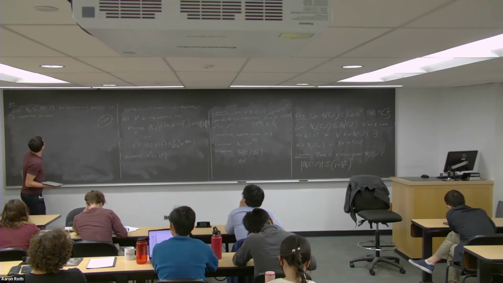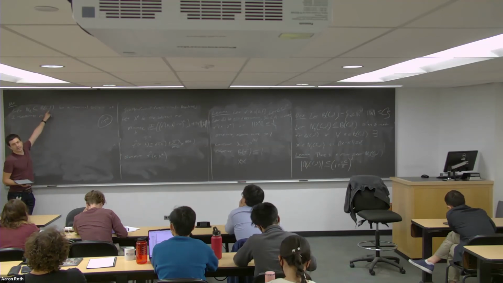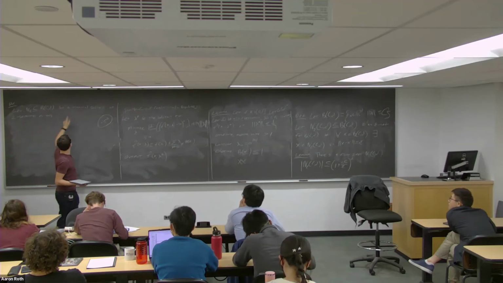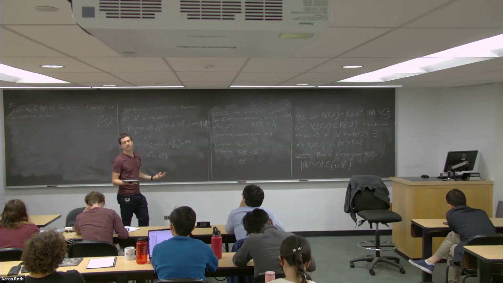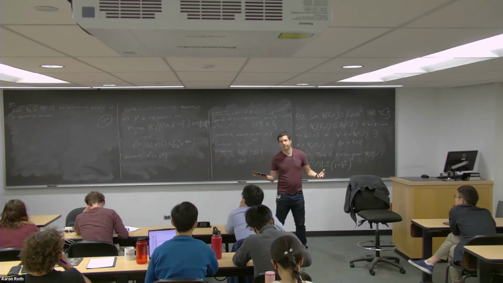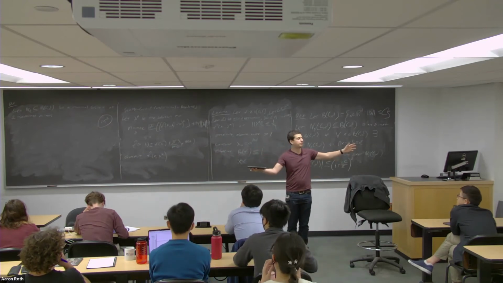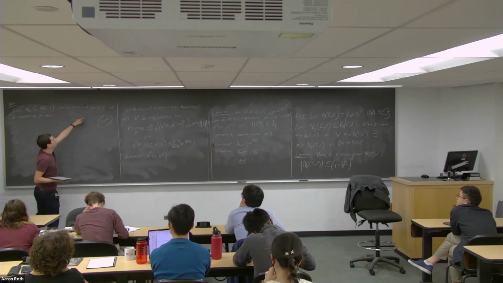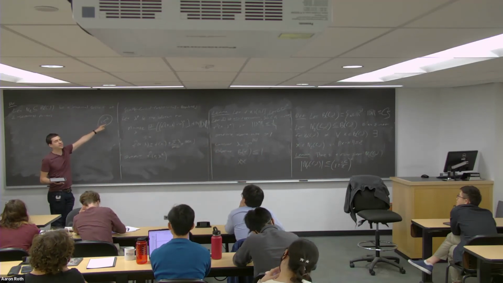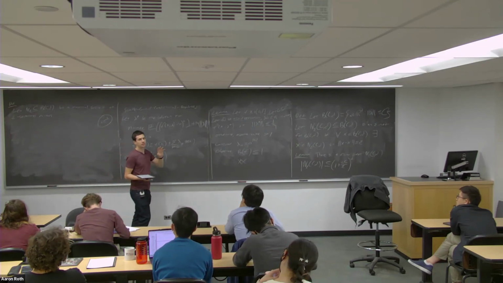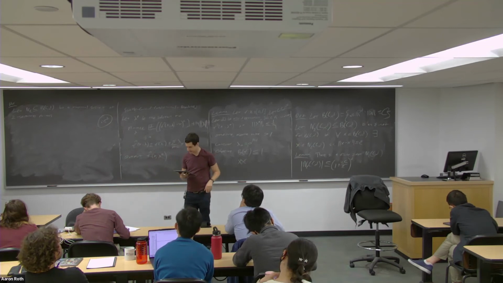Maximal means this is a subset of points from the ball, and there's no additional point from the ball that I can add to this set that maintains the epsilon separation property. So I've got some set of points. They're all epsilon far apart from one another, and there's no other point from the ball that I can add to the set that will maintain the epsilon separation property. Okay, does that make sense? Maximal set of epsilon separated points.